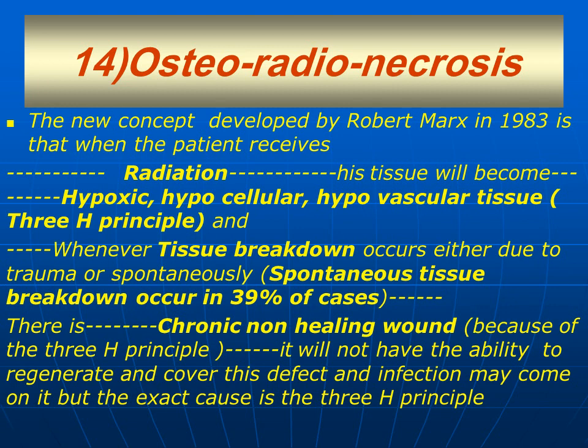And whenever tissue breakdown occurs, either due to trauma or spontaneously, we all know that spontaneous tissue breakdown after radiation can occur in 39% of cases. Whenever tissue breakdown occurs, there is a chronic non-healing wound.